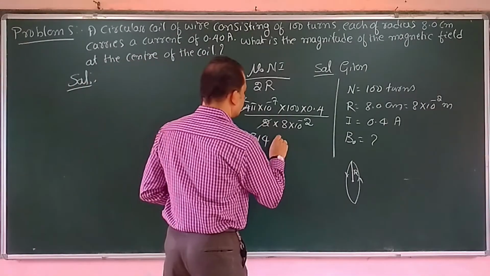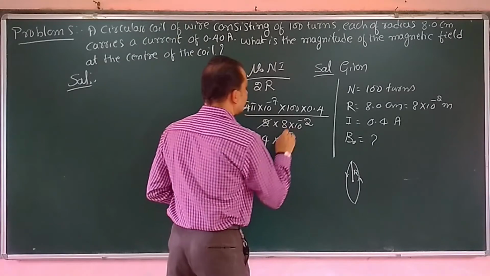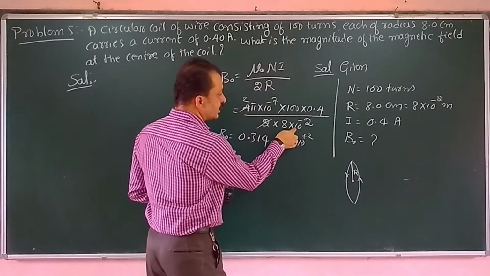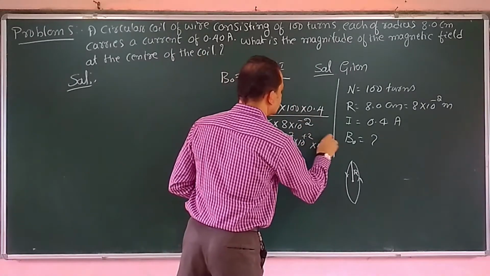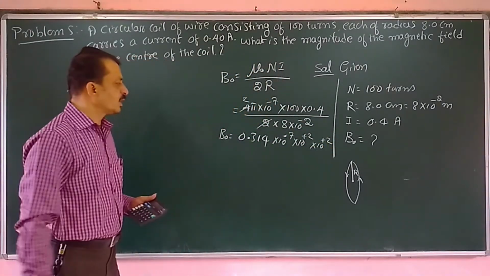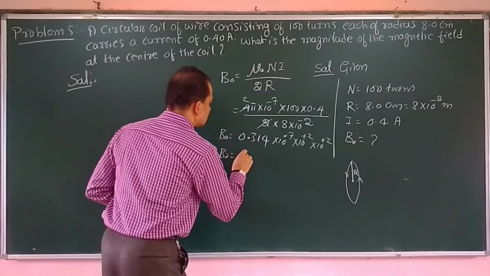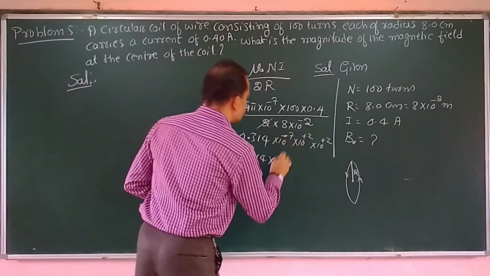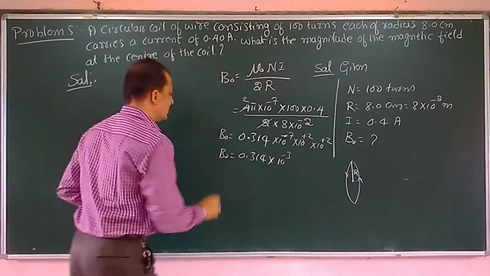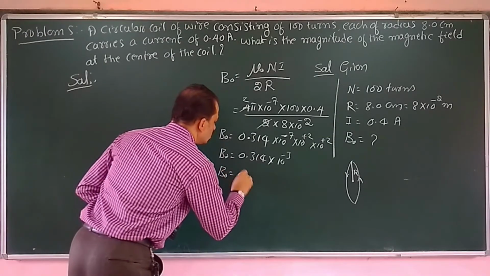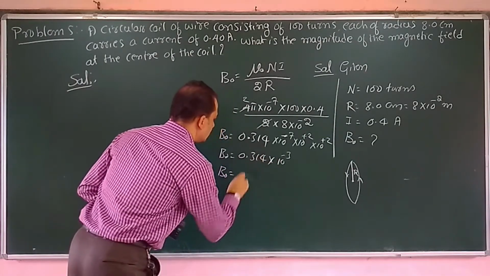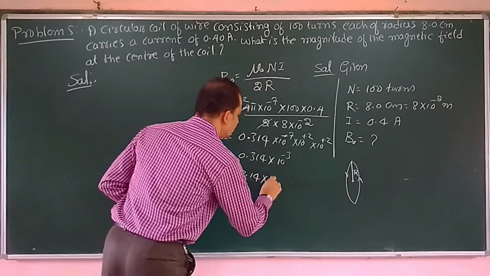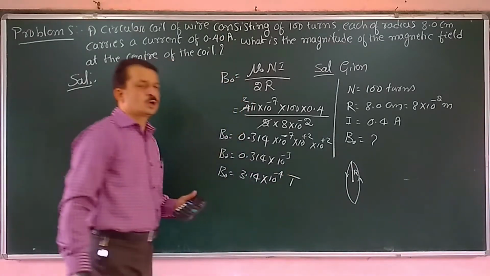Therefore B naught is equal to 0.314 into 10 to the power of minus 3, or B naught is equal to 3.14 into 10 raised to minus 4 Tesla.